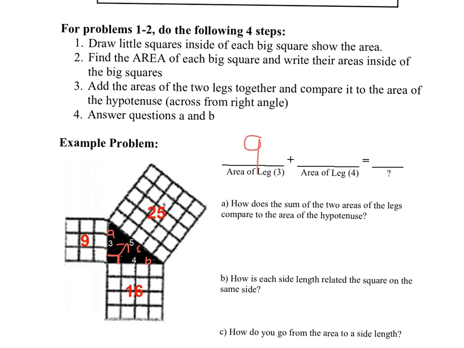The area inside the leg that was labeled 4 is 16 squares. And then it just asks us to add those two numbers together. So if I add 9 plus 16, I get 25.